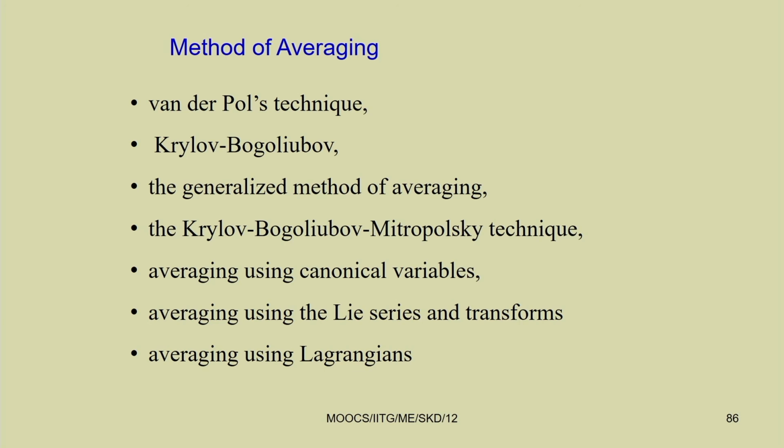Out of these, in today's class we will study three methods: van der Pol technique, Krylov-Bogoliubov method and the Krylov-Bogoliubov-Mitropolsky technique. For all the other methods you will be given assignments to study, and also the many recently available methods which you may study as part of the assignments.